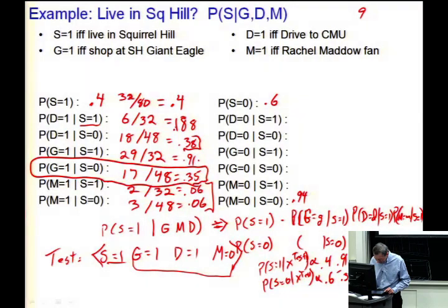I'm going to cancel out the 0.94s. And I'm going to say, I don't know, without doing the arithmetic. What does the calculator say? 0.46, so the probability of S equals 0 is larger. 0.46? This is larger? Yeah, probably S is 0 is larger. And so the probability is that they do not live in Squirrel Hill.